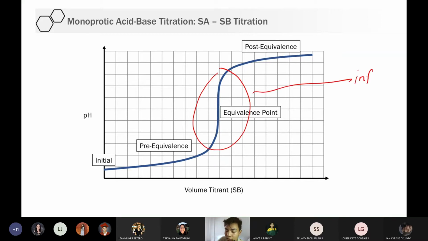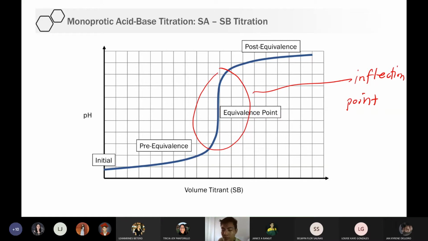the inflection point. Kung favorite nyo yung algebra, geometry, or calculus, napakinggan nyo na to for sure. Inflection point is where mayroong sudden change sa slope ng curve natin. So kumbaga, andito yung first derivative ng curve, no?